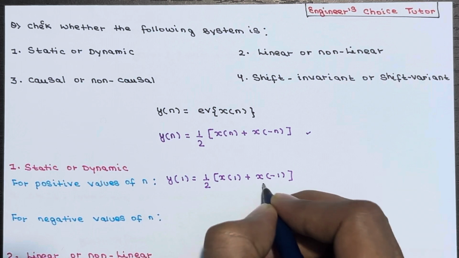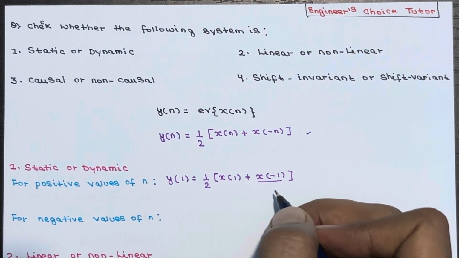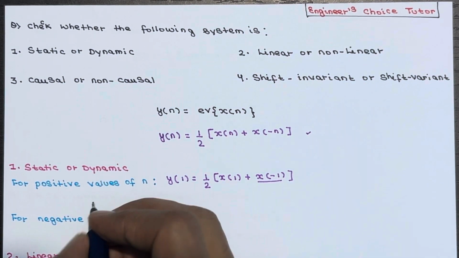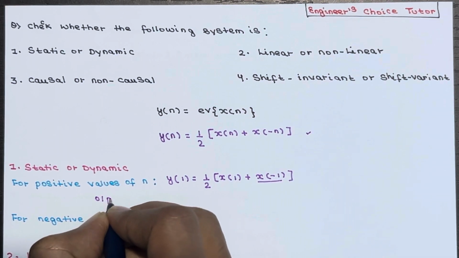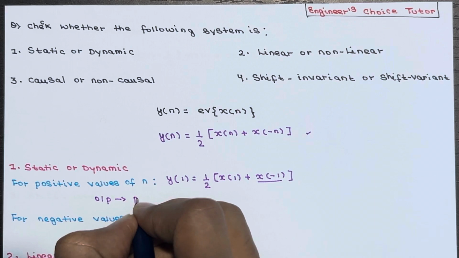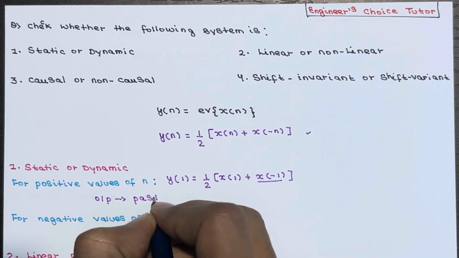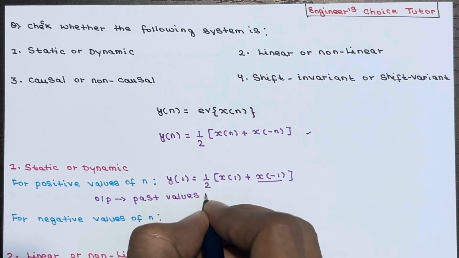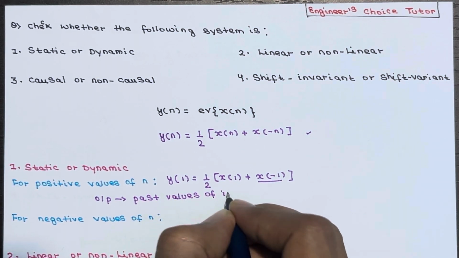If you see this particular term, this is a past input. So for positive values of n, the output depends on past values of input.